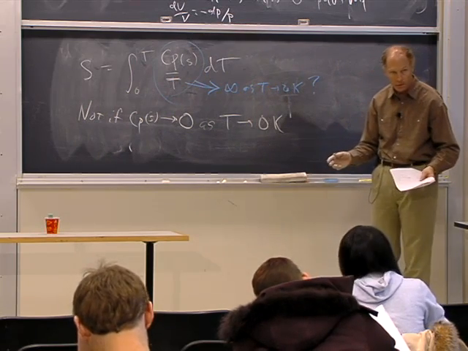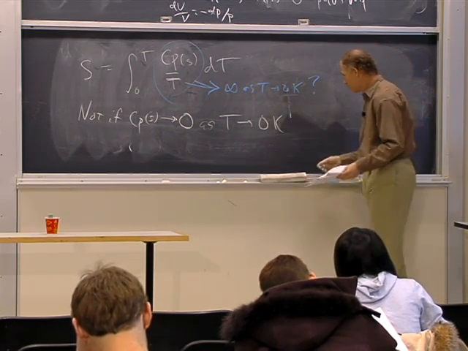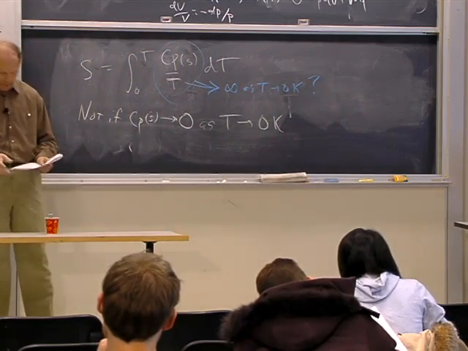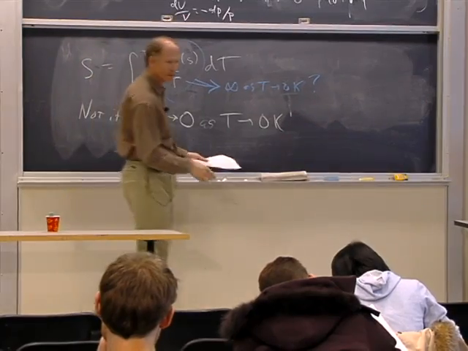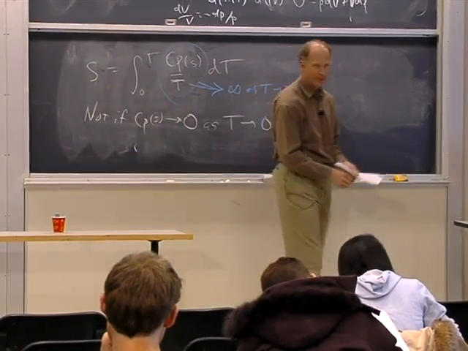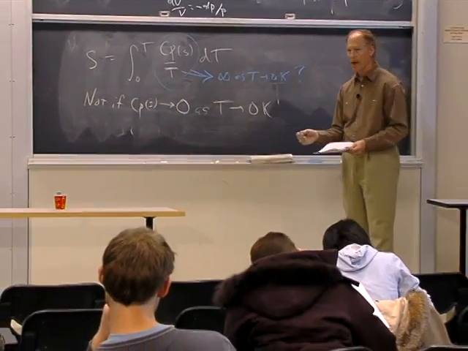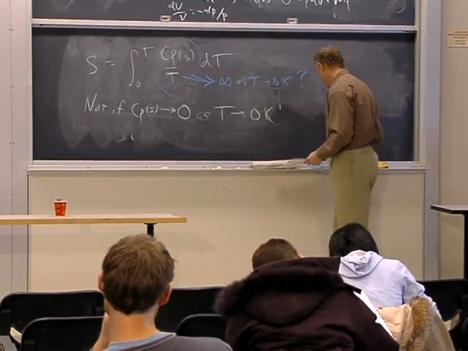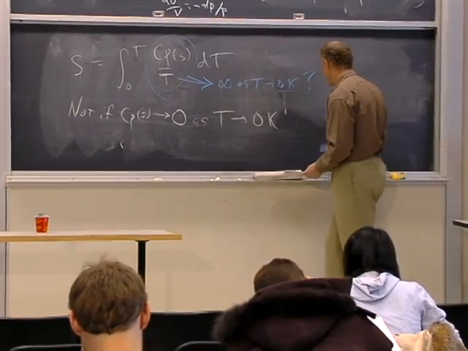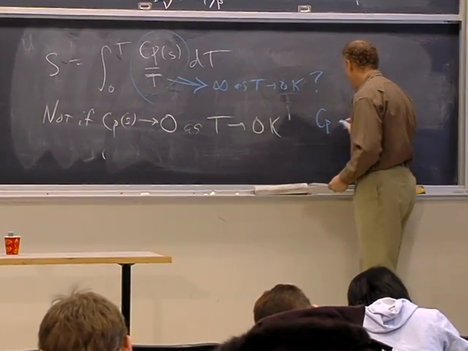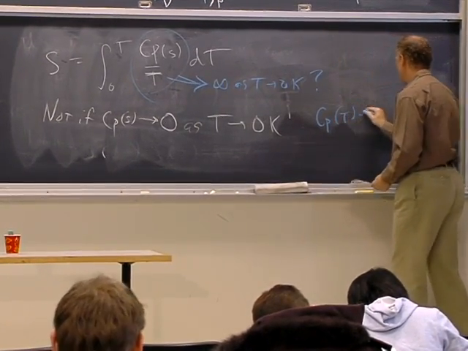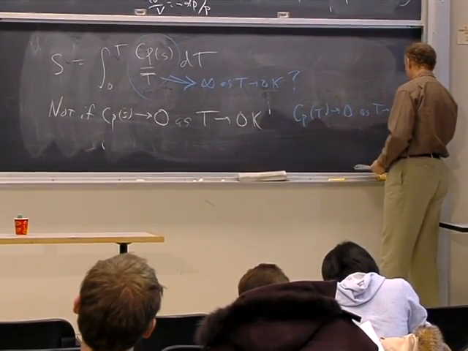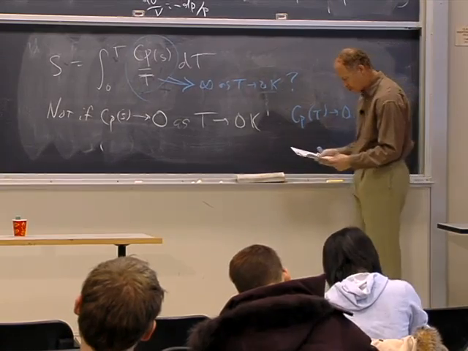And in fact, we can measure Cp, heat capacities, at very low temperatures, and what we find is they do. They do go to 0 as you approach 0 Kelvin. So in fact, Cp of T approaches 0 as T approaches 0 Kelvin. Good.